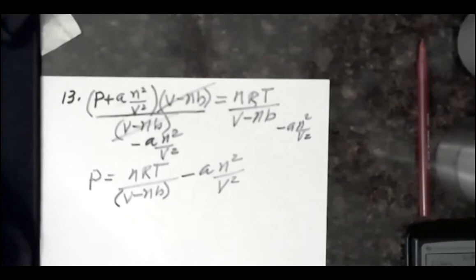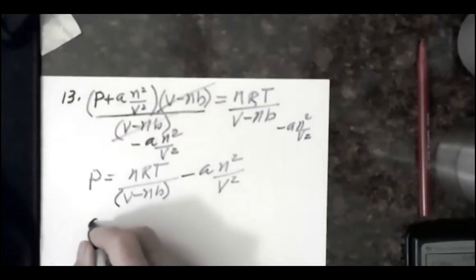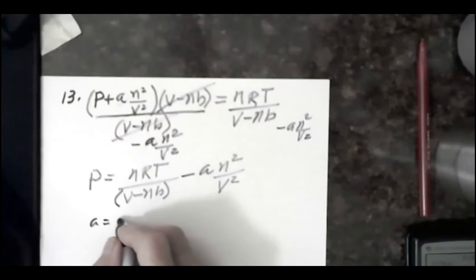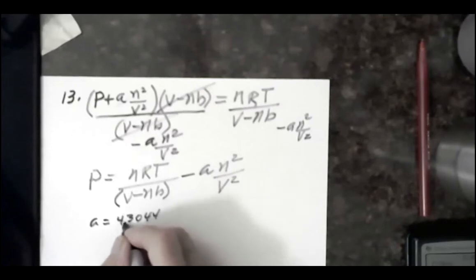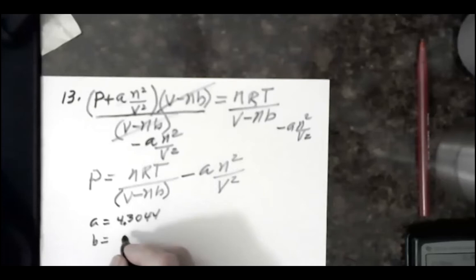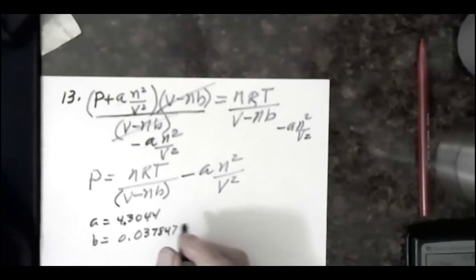So there is my setup. Now, my A constant is 4.3044. My B constant for ammonia is 0.03747.